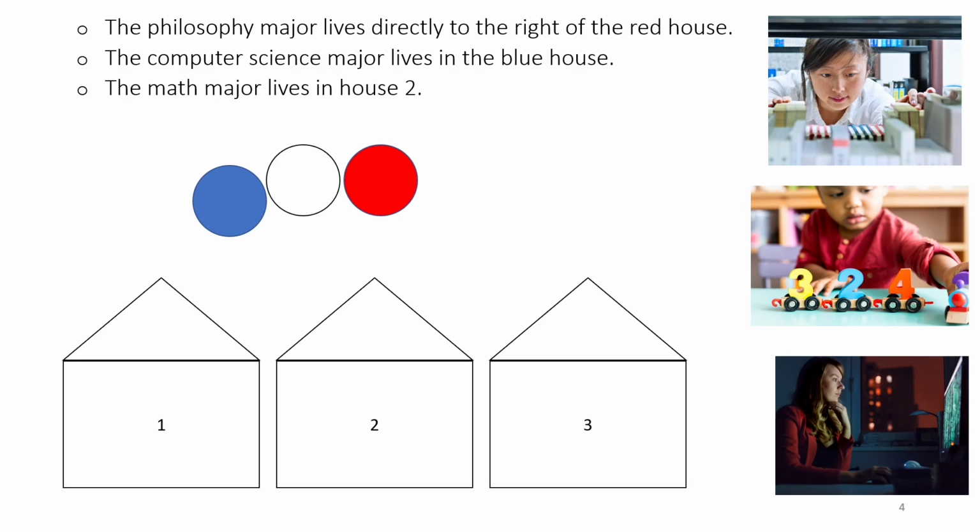And computer science, and what was the other one? Math? That doesn't look like math. Well, that's a library. So math, yeah, makes sense. Philosophy goes to the library. Great. All the stereotypes.